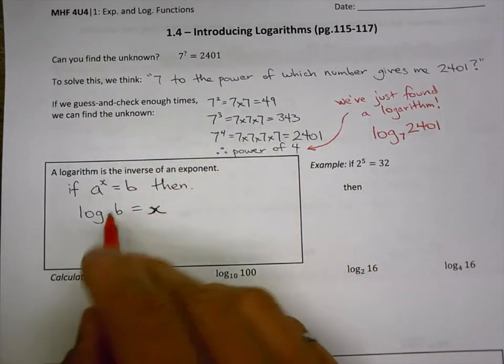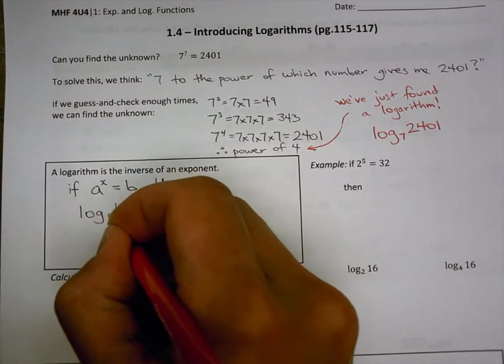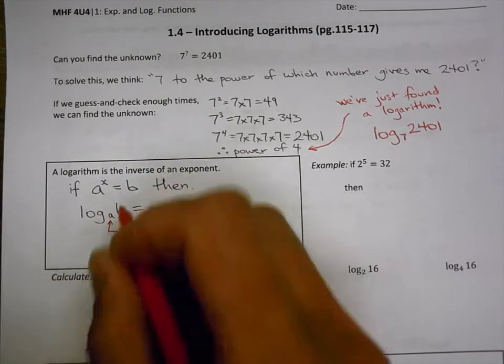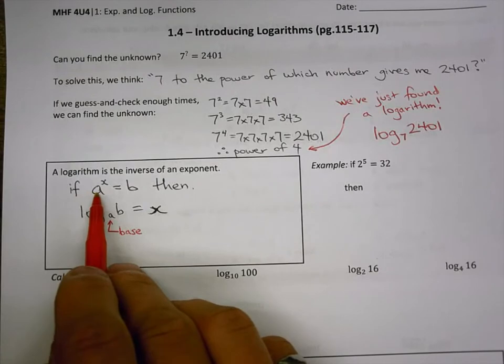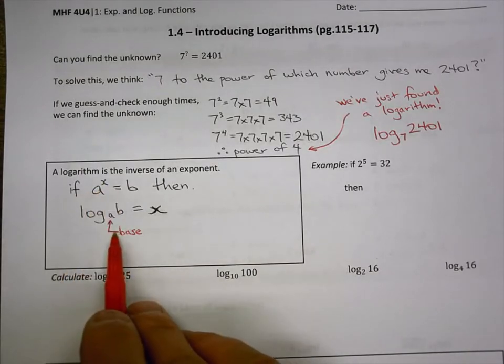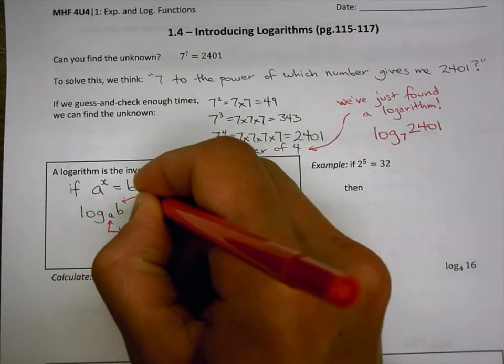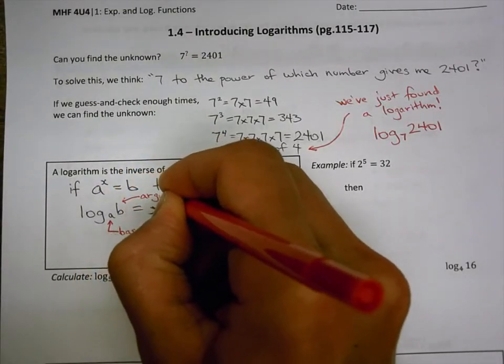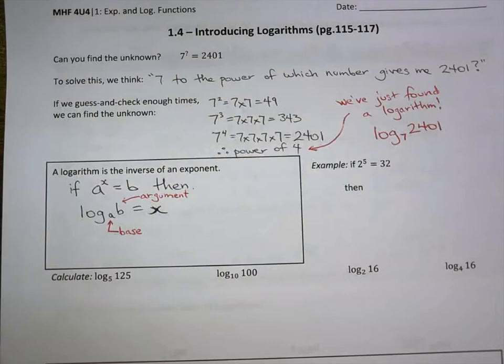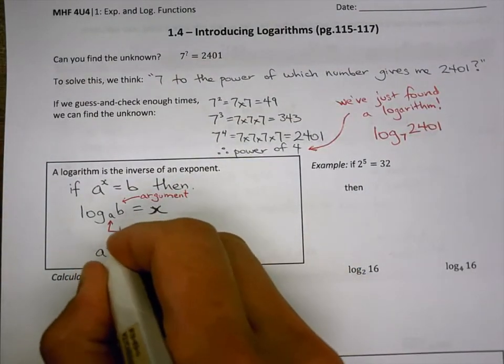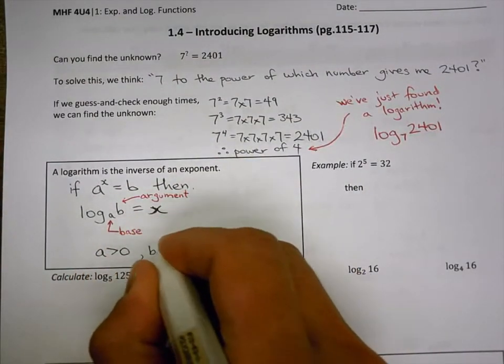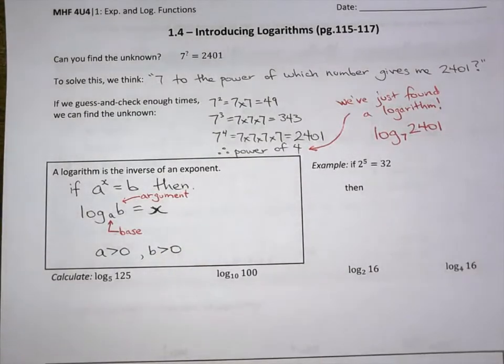First, this is called the base, and it's the same base. So whatever is the base of my exponent is the base of my logarithm. This is called the argument. A few other things. A should be greater than 0, and B should be greater than 0. They should both be positive.